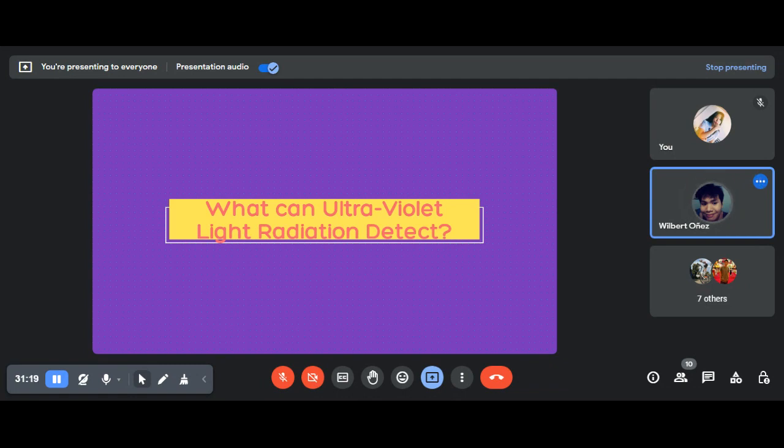What can ultraviolet radiation detect? UV radiation can be very useful for the detection of many other traces such as fingerprints. Visible fingerprints are left either by fingers touching malleable materials such as clay or mud, or by fingers stained by colored substances like paint or blood.